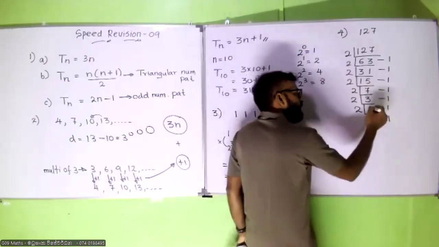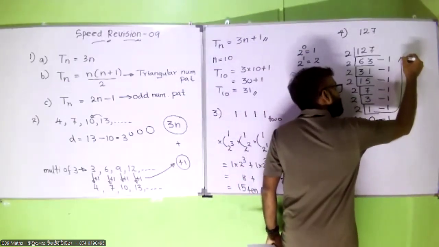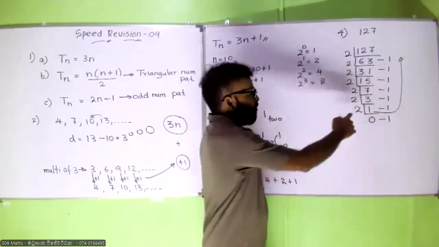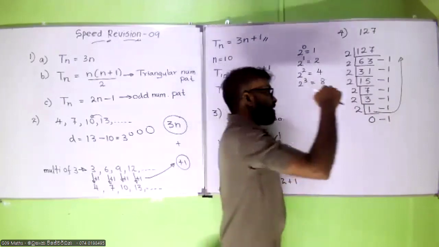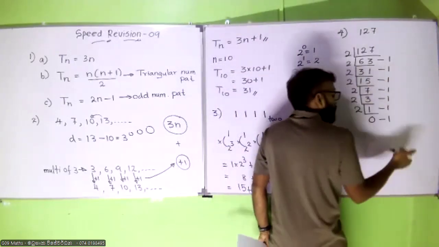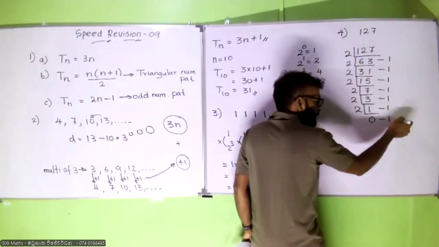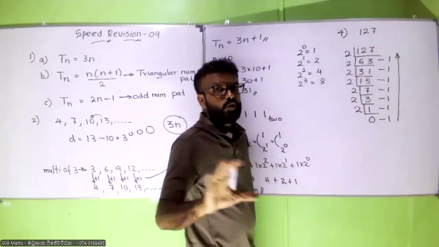If you write it from here to here, doesn't matter. In O/Ls, if you write it from here to here, you will get the same answer. So it doesn't matter.